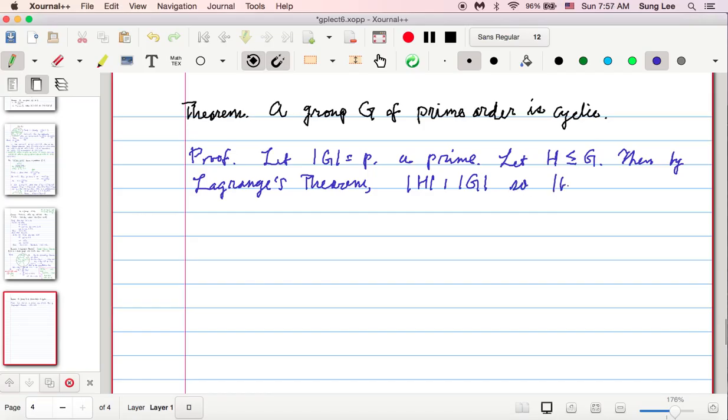So we have one of the following two cases: either the order of H equals 1, or the order of H equals p itself.